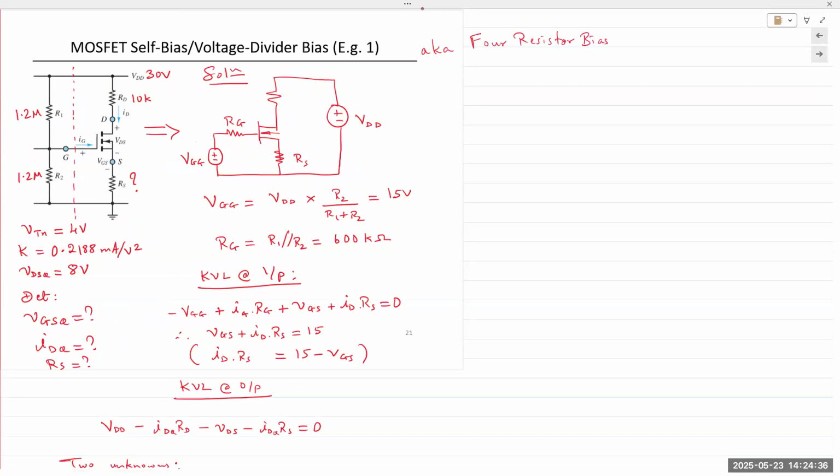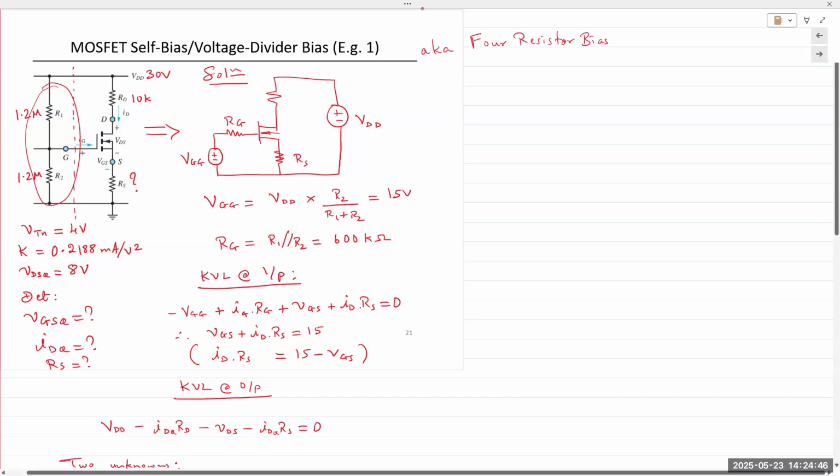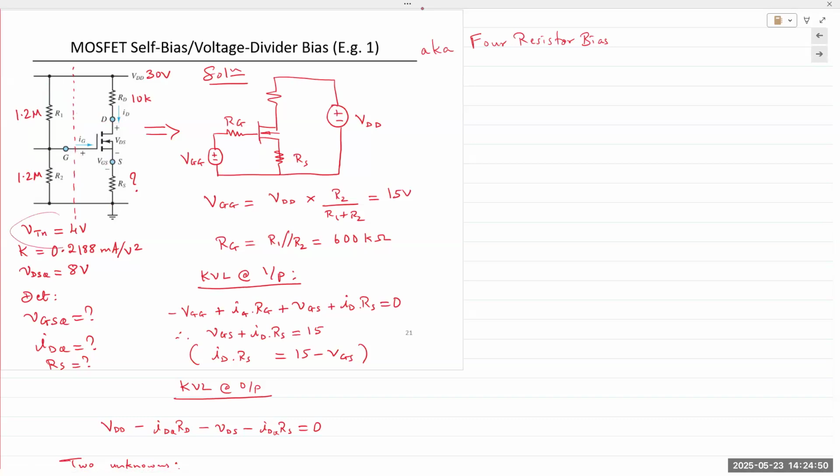We have two resistors attached to the gate and an RD and RS resistor on the output side. The threshold voltage is given as 4 volts. The K parameter is given as 0.2188. We are asked to find VGS and ID at the Q point, but we are also provided with VDSQ as 8 volts.